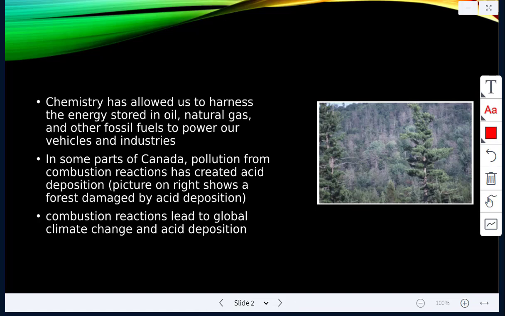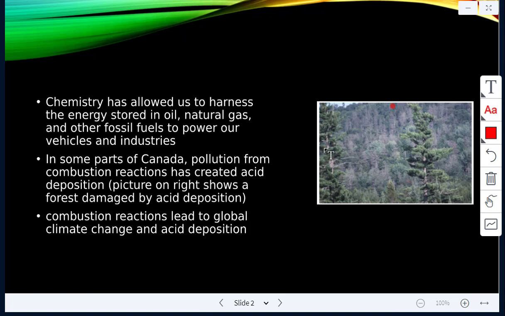So just a little bit of background here. Chemistry has allowed us to harness the energy stored in oil, natural gas, and other fossil fuels to power our vehicles and industries, our homes, and so on. And in some parts of Canada, pollution from combustion reactions has created acid deposition.